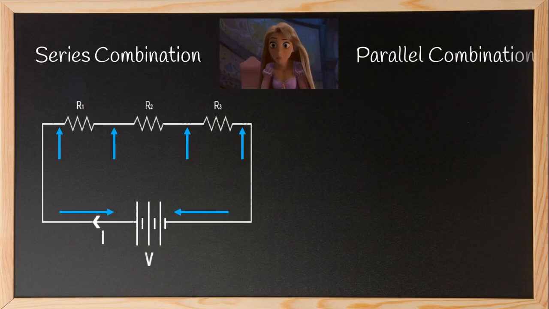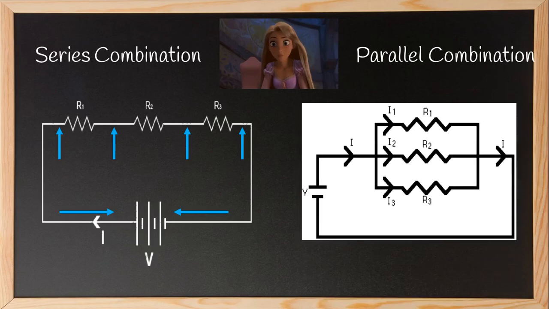Now let us see what a parallel combination is. So this is a parallel combination. In a parallel combination, you can observe the resistors are attached at points. There are three resistors in this parallel combination too, but there is a slight difference.